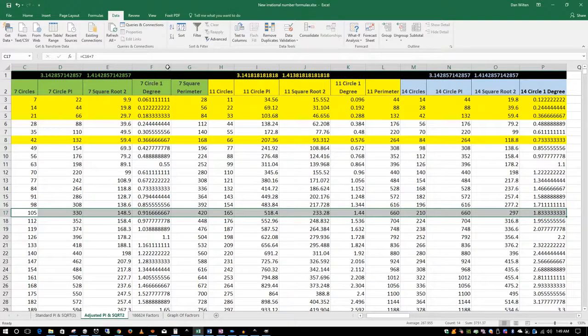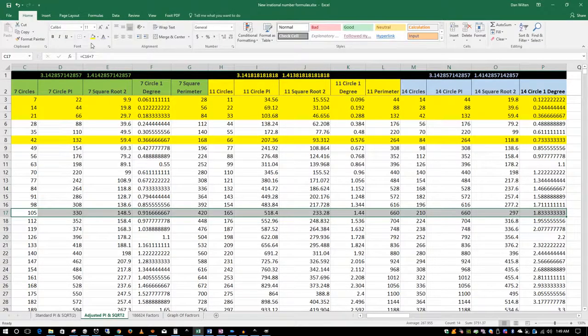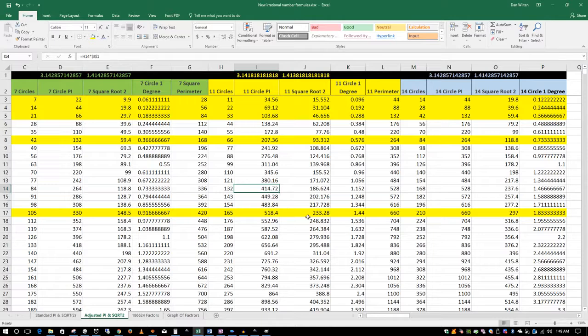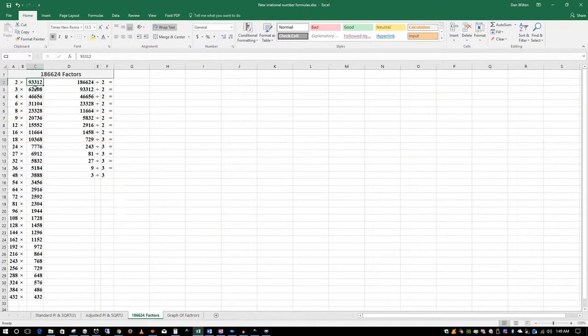It really doesn't matter where the decimal place is, because it's these numbers that are used over and over again, which are all factors of this 186624. We see these numbers here over and over again inside that list when we square all those circles.